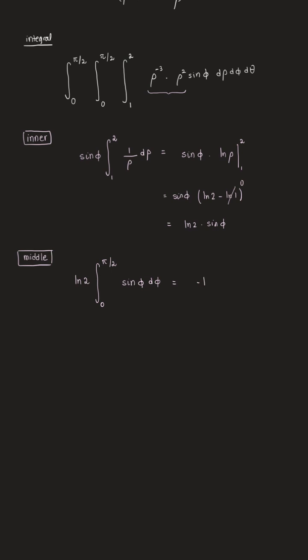I'm going to leave the natural log of 2 without touching it: natural log of 2 times negative cosine phi from 0 to pi over 2. Cosine of pi over 2 is 0, so that gives me plus cosine of 0, which is 1. So this is just the natural log of 2.